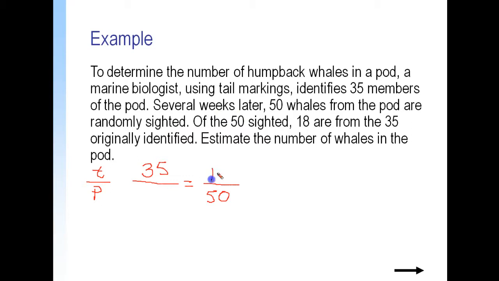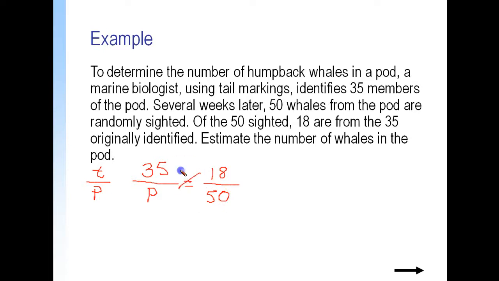Well, 18. So we tagged 35. At a later time, some weeks later, we see 18 out of 50 that we see. So again, originally tagged, later that we saw tagged, out of the number cited.